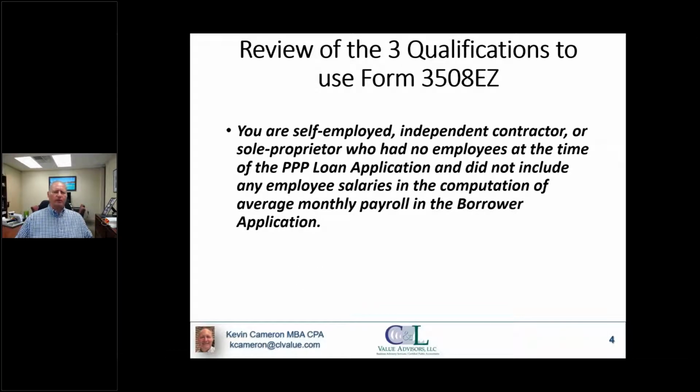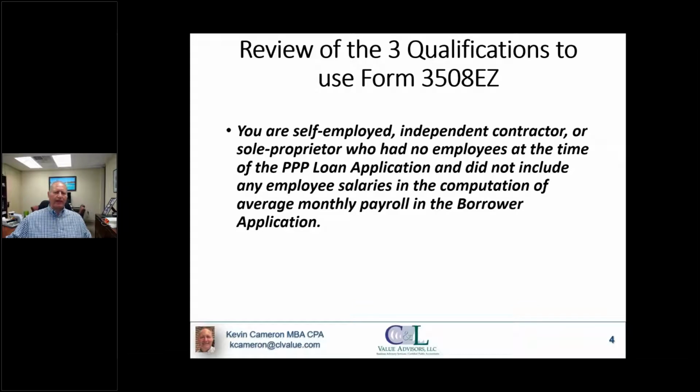So first, let's talk about what are the 3 qualifications for filing the Form 3508EZ. The first one is that you are self-employed, independent contractor, or sole proprietor. And generally, I'm going to pretty much always refer to that as a self-employed person going forward.